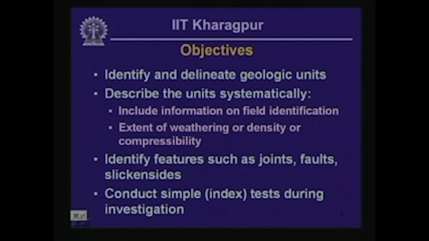This is required to be identified in the field itself, and we will see how these things are recorded later in this presentation. The second thing that is also important is the extent of weathering or density or compressibility of these units.